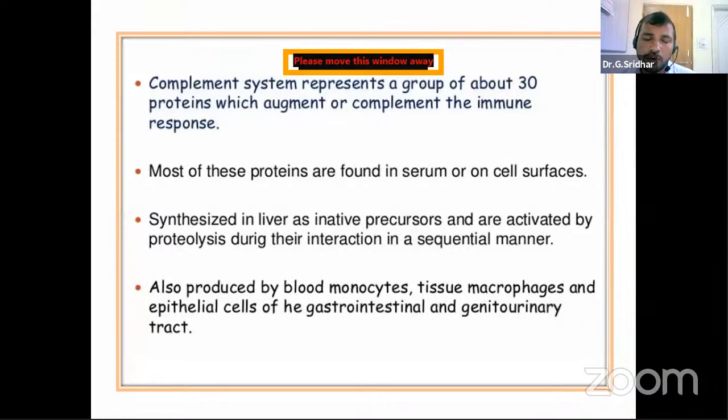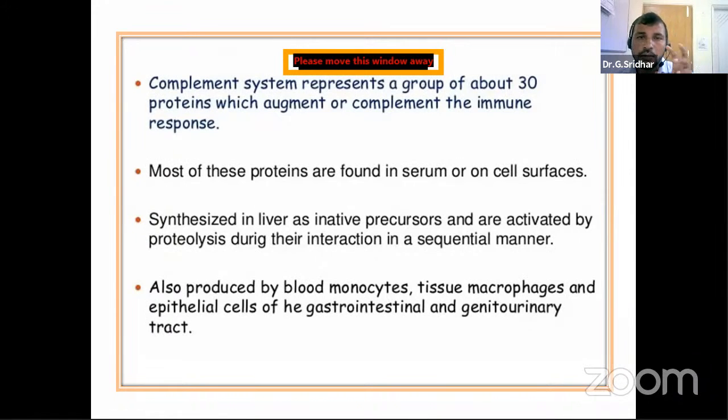Most of these proteins are found in the serum of the blood, as well as on cell membranes like phagocytic cells, epithelial cells, and tissue macrophages. They are synthesized mainly by the liver, but to some extent also by blood monocytes, tissue macrophages, and epithelial cells covering the gastrointestinal tract and urogenital tract.